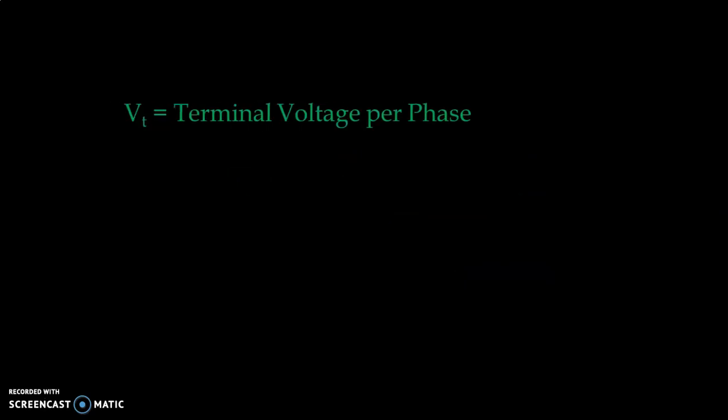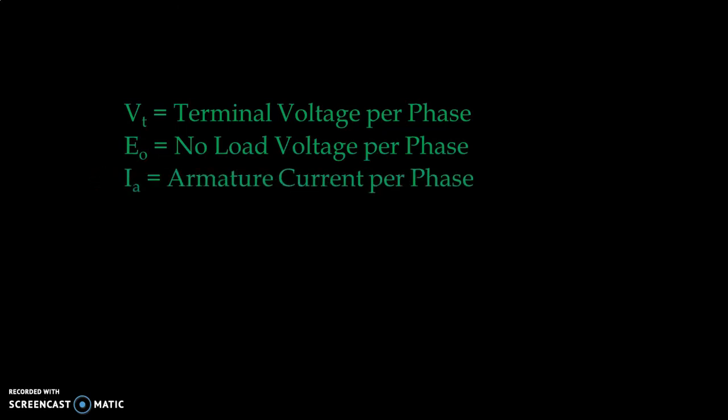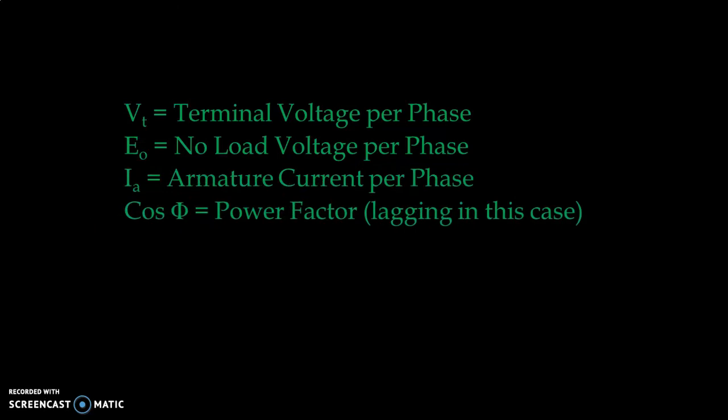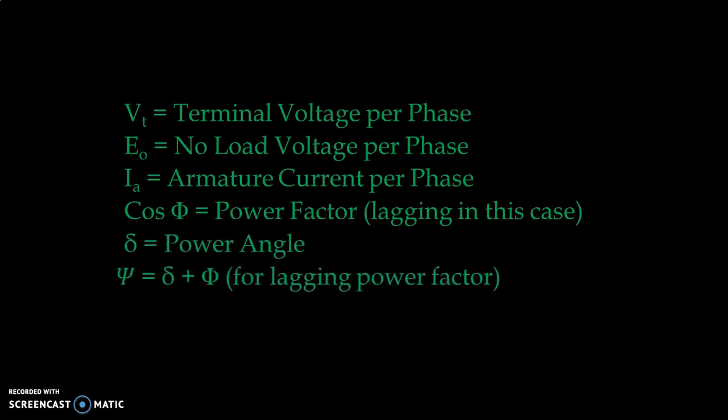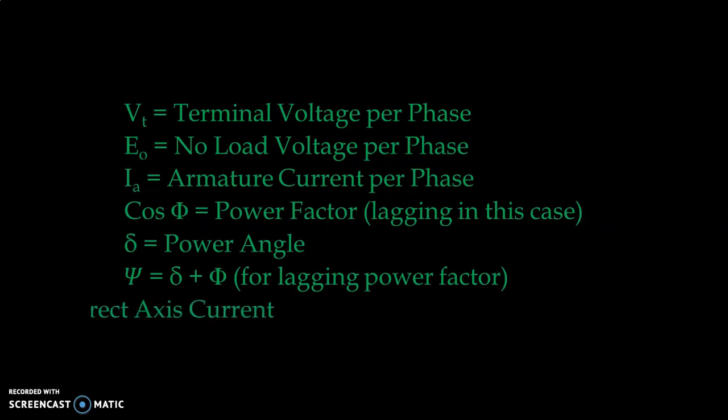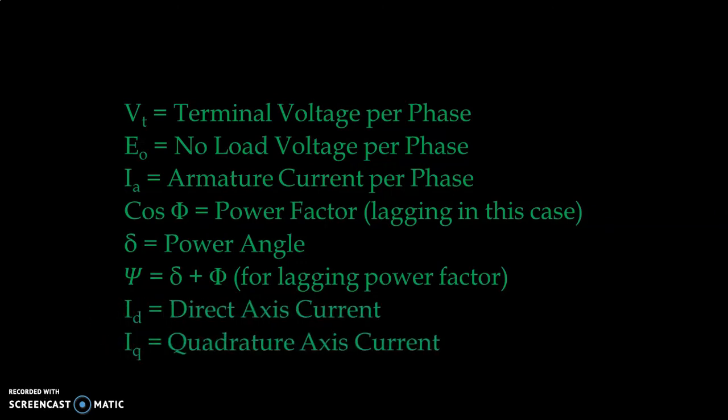VT, that is terminal voltage per phase, EO, that is no load voltage per phase, IA, that is armature current per phase, cos phi, power factor, we have taken lagging in this case, delta, that is power angle, psi, that is summation of delta plus phi, that is power angle plus power factor angle, ID, that is direct axis current, and IQ, that is quadrature axis current.